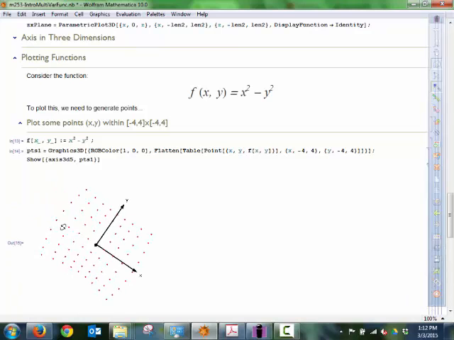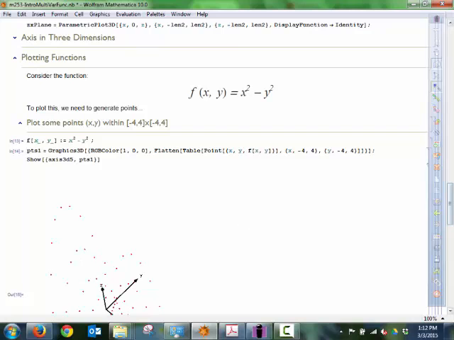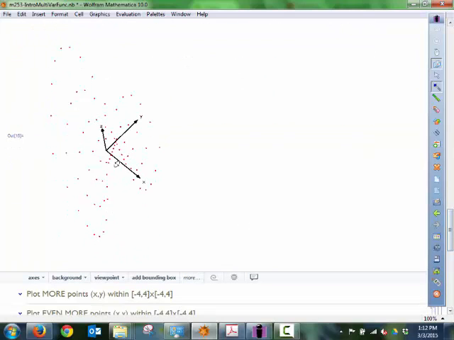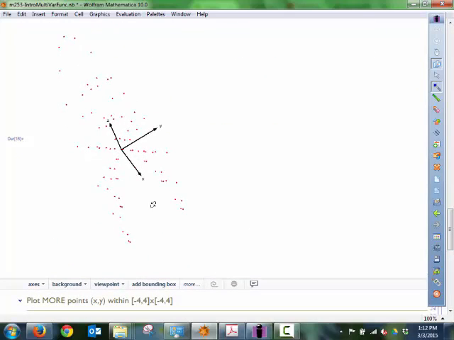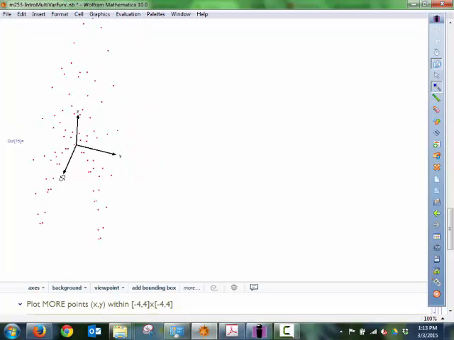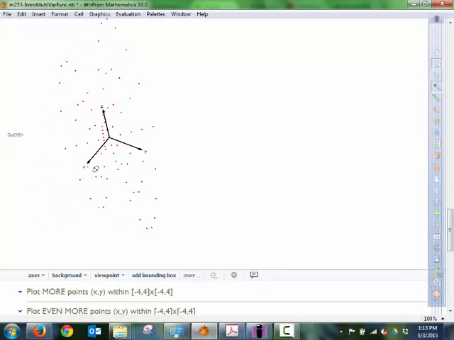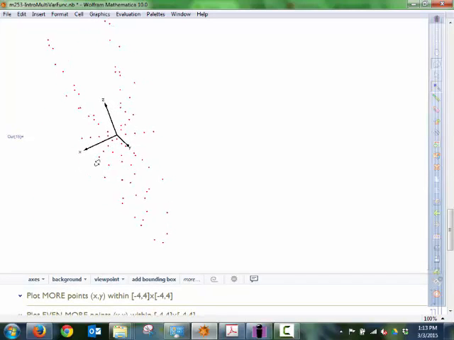And so to look at it from a different point of view, you kind of start to see what you should be seeing. Can you see some dots?